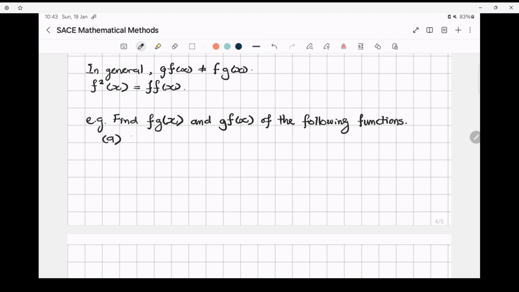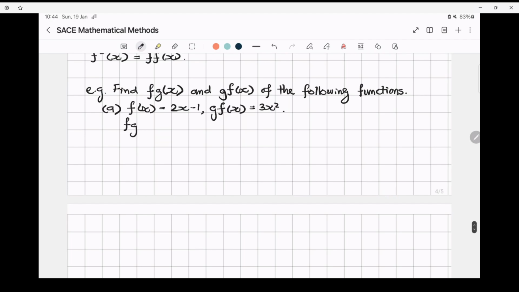So the first one, f of x is 2x minus 1, g of x is 3x squared. So f of g will be f of 3x squared, and then f is 2x minus 1, so you substitute inside. So you have 6x squared minus 1.